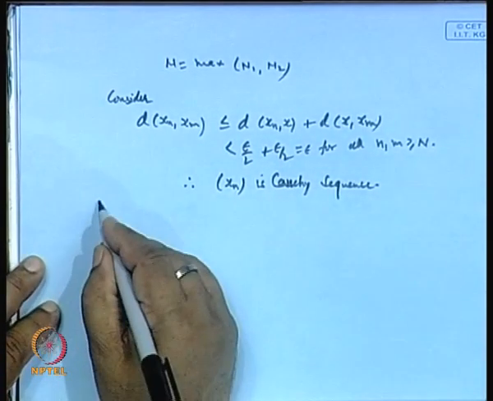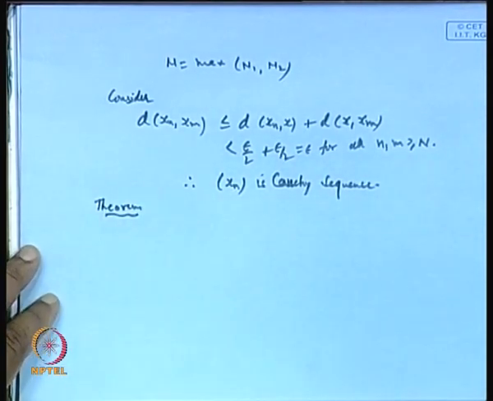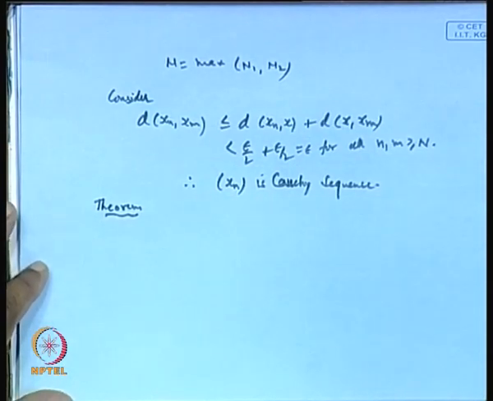Now, the second result, which gives the relation between the closure and the convergence.